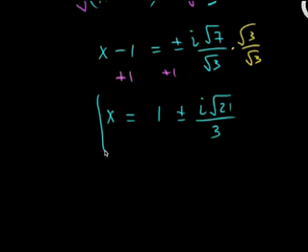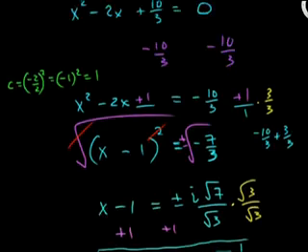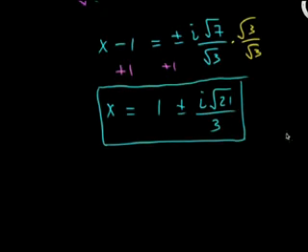And those would be my answers. So here's an example of a problem that has no real solution because of this imaginary part. This is absolutely not factorable for us, at least with integers, and it ends up having imaginary answers anyway.